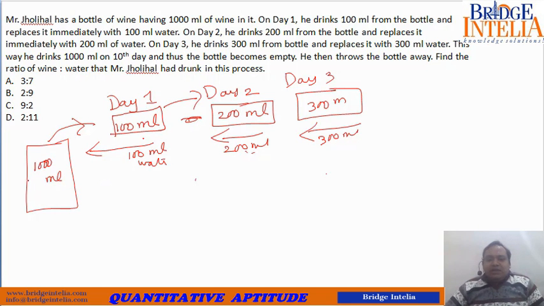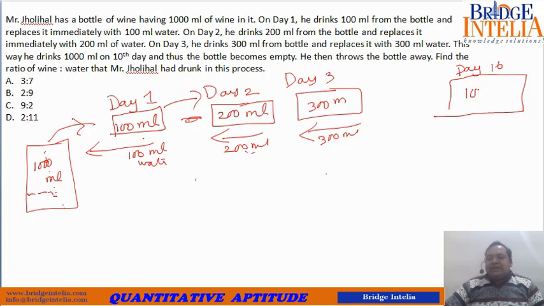So the actual quantity of pure wine in the bottle keeps on decreasing. On the 10th day, he drank 1000 milliliters because as per the trend, the next day he drinks 1000 milliliters more.